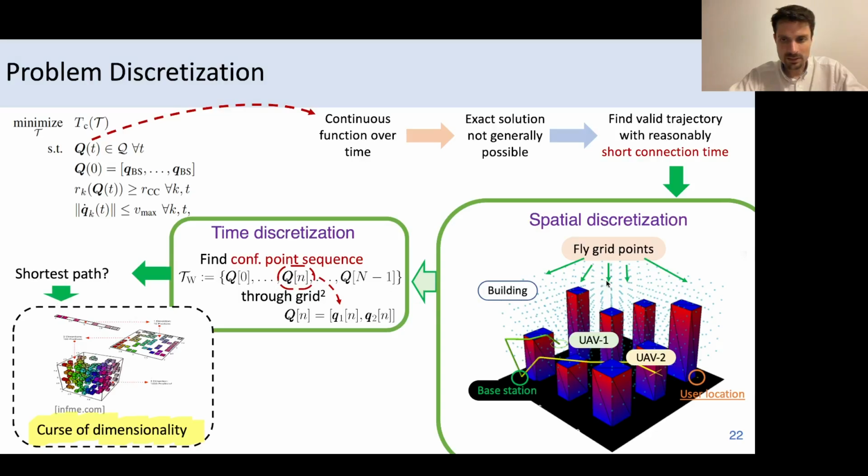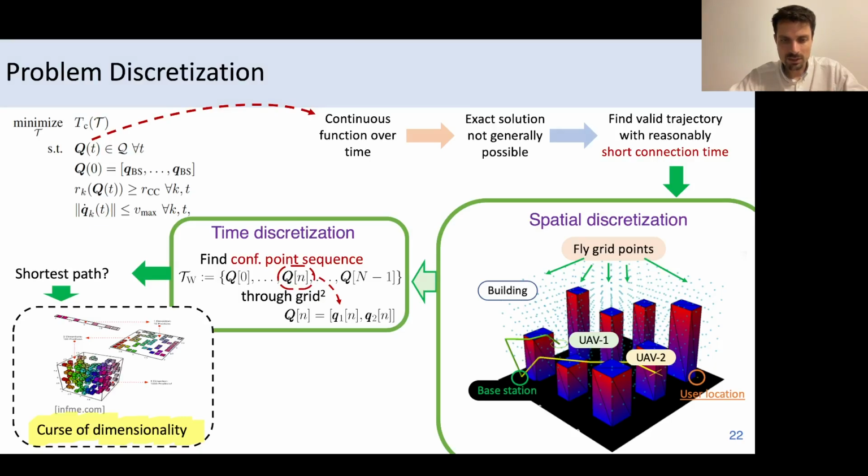Note that these points are in 3 dimensions, and that we have pairs of points. So from every configuration point we can go to a very large number of configuration points, right?